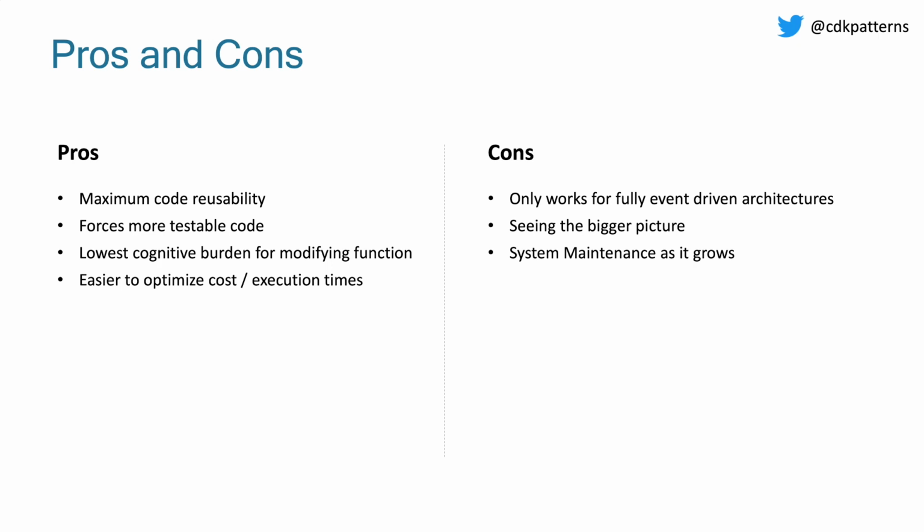And then finally, and probably the most important one, it's a lot easier to optimize the cost and execution times of your Lambdas if they're all independent from each other. So what that means is you could have a troublesome Lambda. Say for some reason our add Lambda was taking 327 milliseconds to respond, whilst subtract could do it in 40 milliseconds.